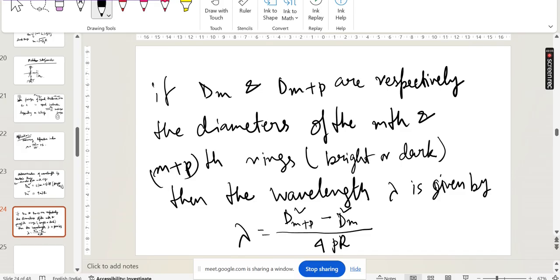By counting the number p, we can determine lambda, and that is how we can determine the wavelength. There are lab practicals depending on this equation.